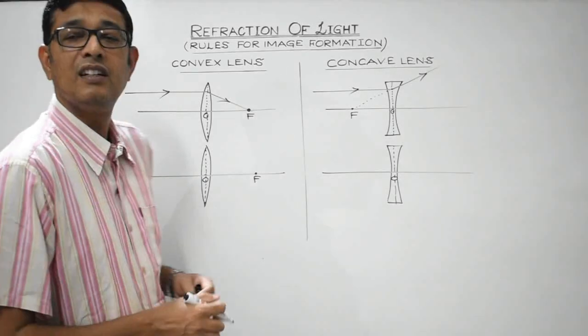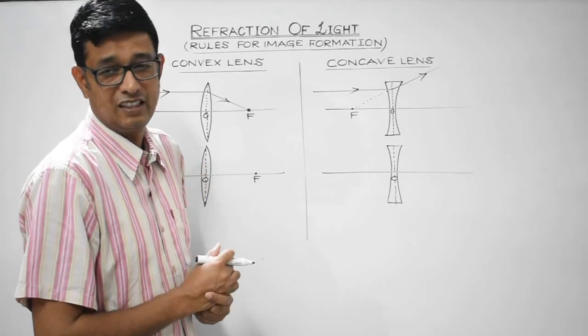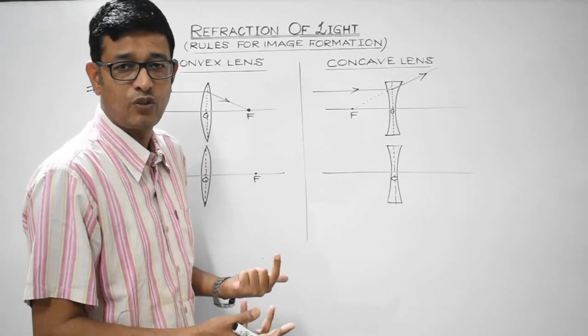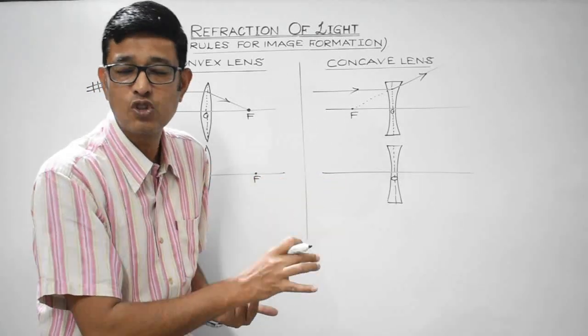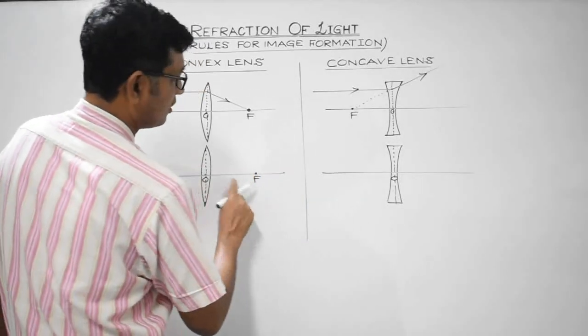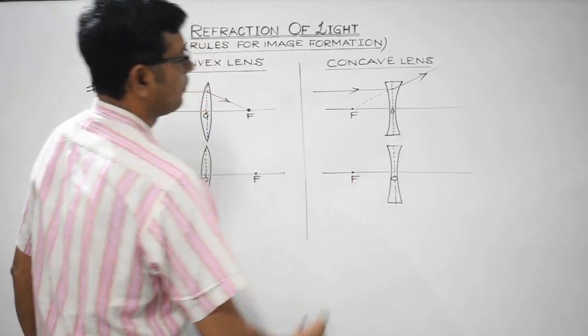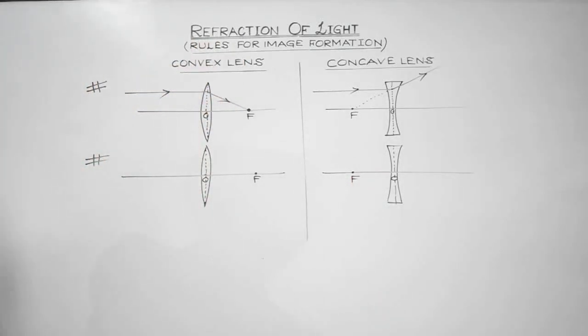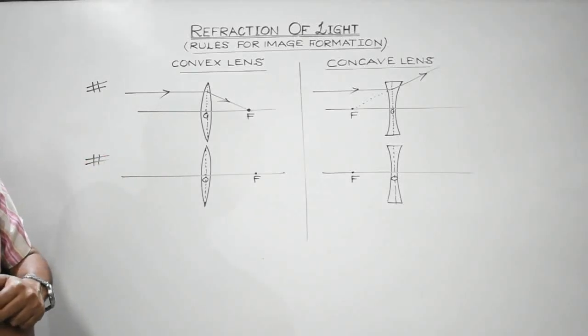But on the other hand, if the image is formed on the same side as that of the object, then the image can't be obtained on the screen, obviously. So it is that case when the image is said to be virtual or imaginary, right? So this is its real focus and this is its virtual focus.